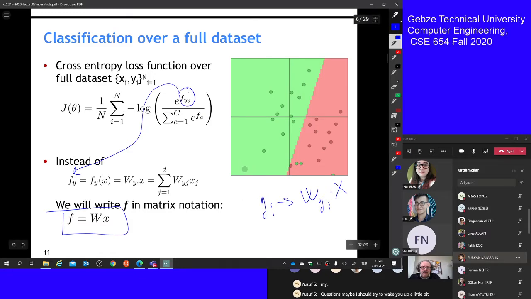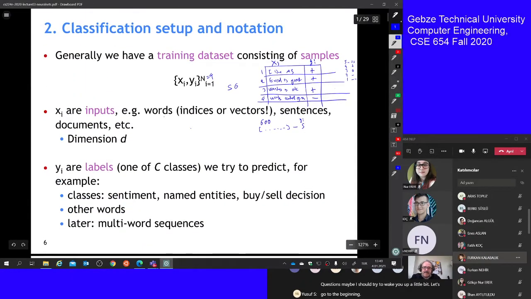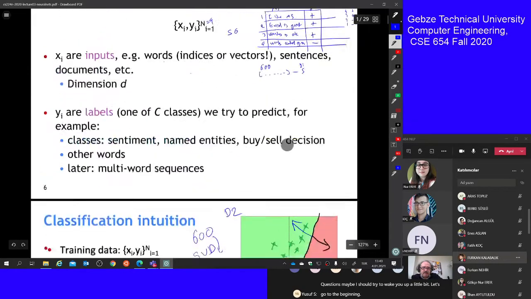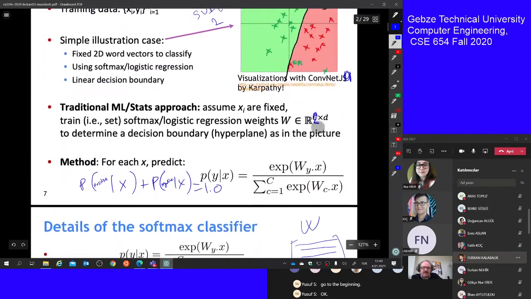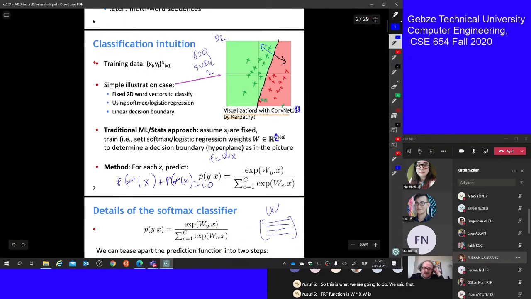Let's go to the beginning. Okay. So this is what we are going to do. We said that our f function is w times x. W is a matrix.